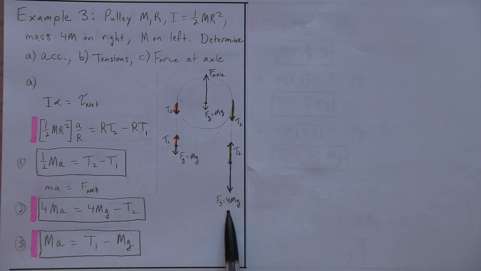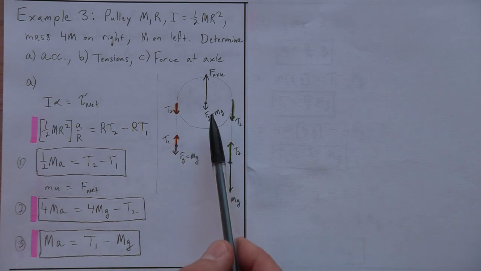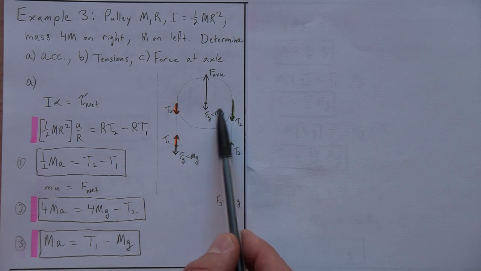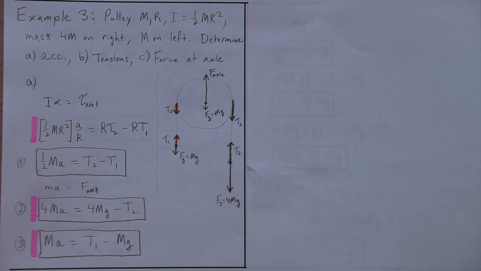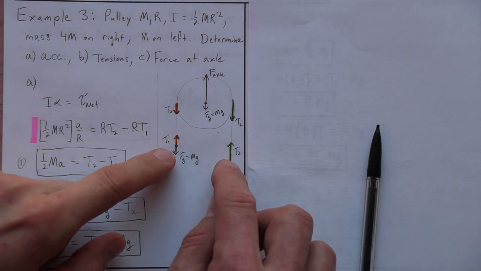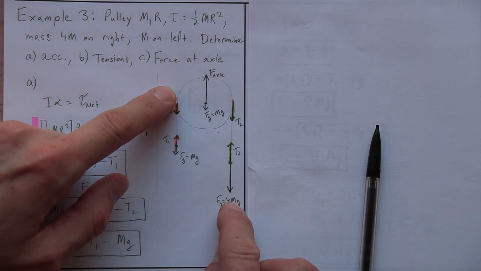There's 4mg because this has a 4m mass, so 4m times 9.8 gives me the gravity on this side mass right here. And then there's the pulley itself that has a mass of m, so it's got a weight of mg. Alright, so obviously what happens is this goes down and that rises.